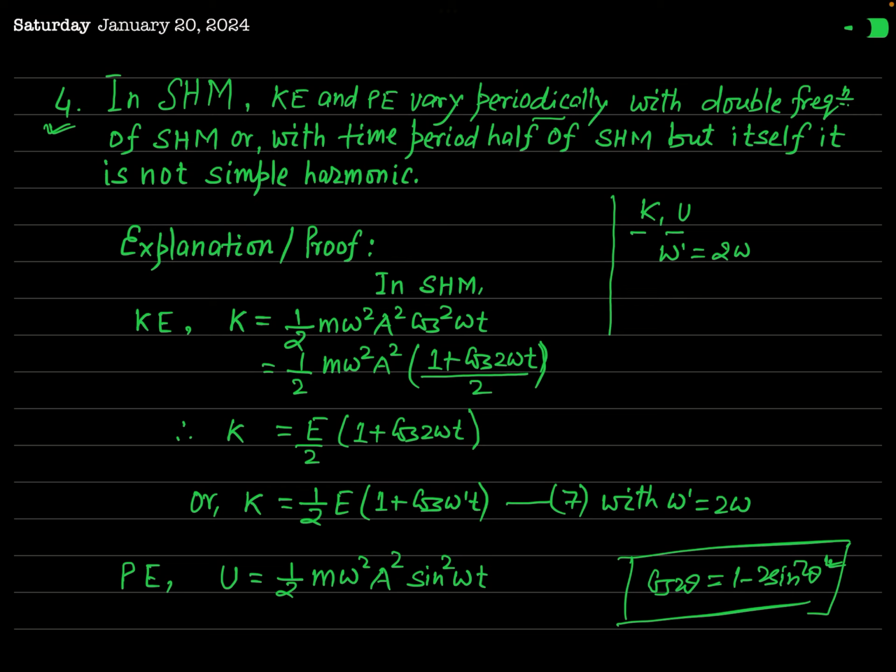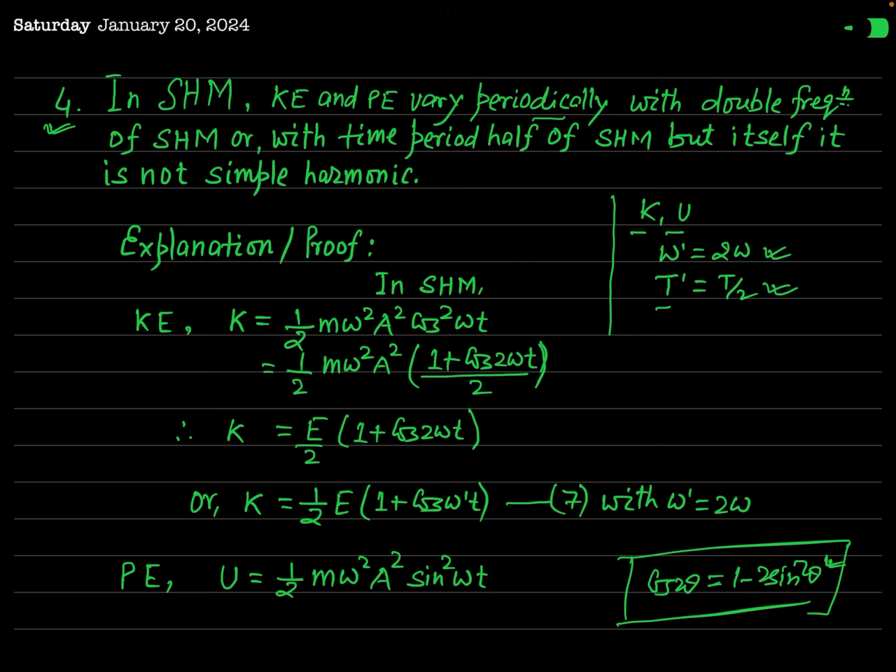And when its frequency is 2 times the frequency of simple harmonic motion, then its time period will be just half of the time period of simple harmonic motion. So this is a very important fact: the frequency of kinetic and potential energy is twice the frequency of simple harmonic motion, and the time period of the kinetic and potential energy is just half of the time period of the simple harmonic motion.